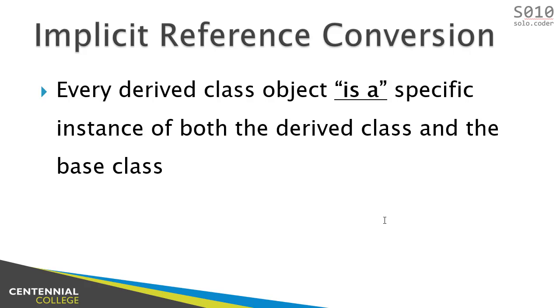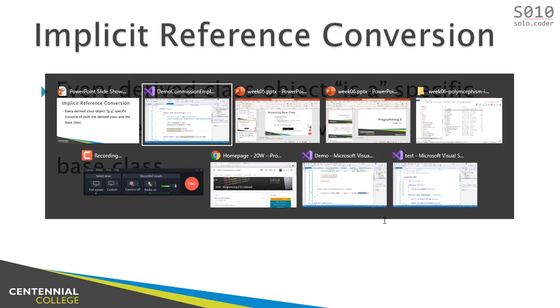So that's the implicit part. Reference here is just because we are using objects in classes, and when we use objects in classes, we are using reference types, not value types. In conversion, we are converting from one thing to something else. Now, in this case, we are converting from a child to a parent. And I'm going to show you an example of that, and let's see.